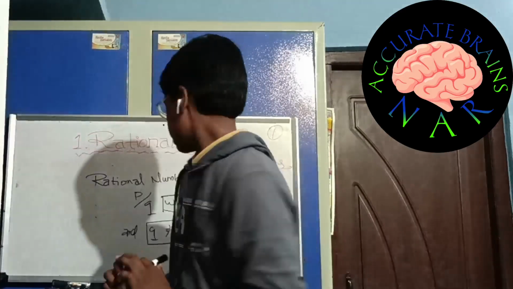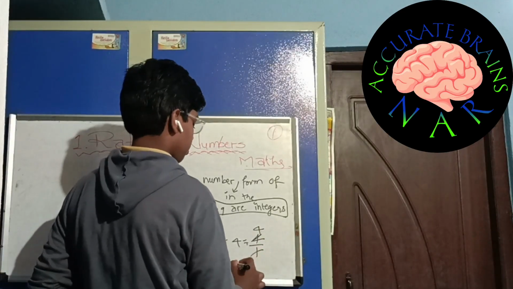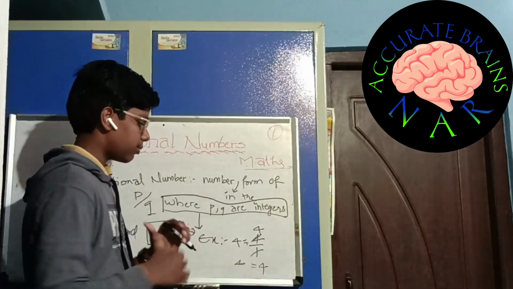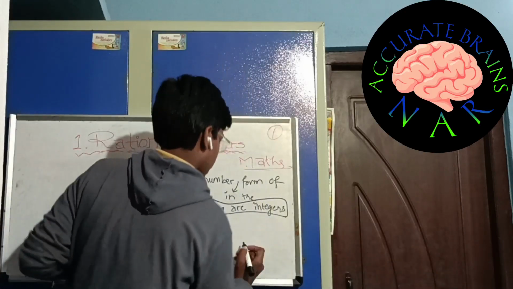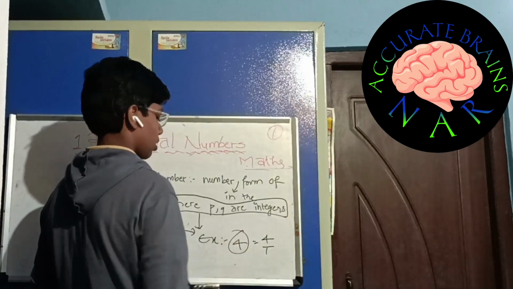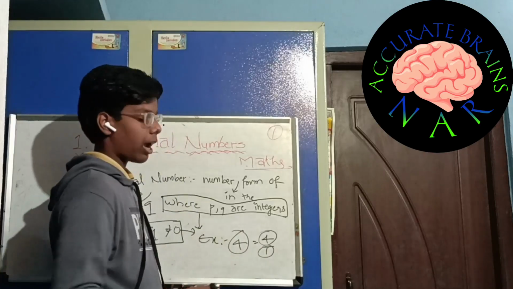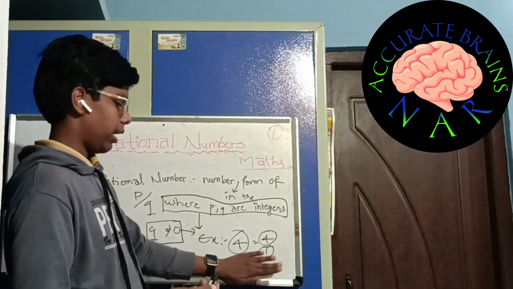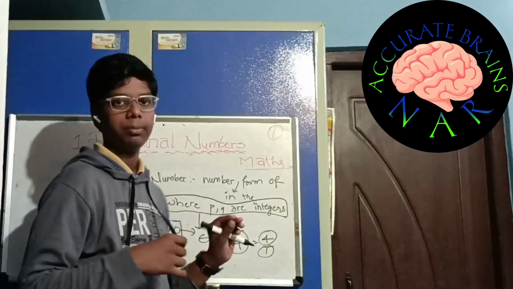So if I assume 4 equals 4 by 1, then 4 is a rational number. Here P is 4 and Q is 1, where both are integers and Q is not equal to 0. Q is 1 but not 0. So we have covered the topic of rational numbers as discussed in the mathematics basics.